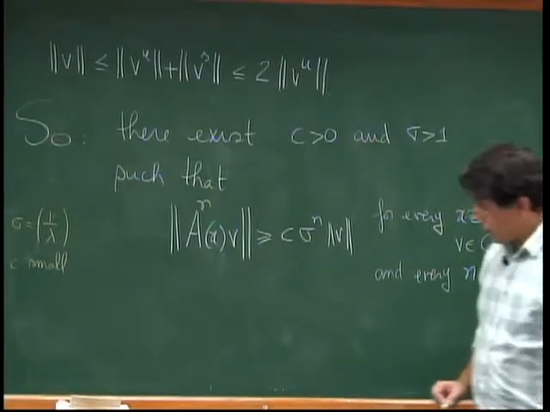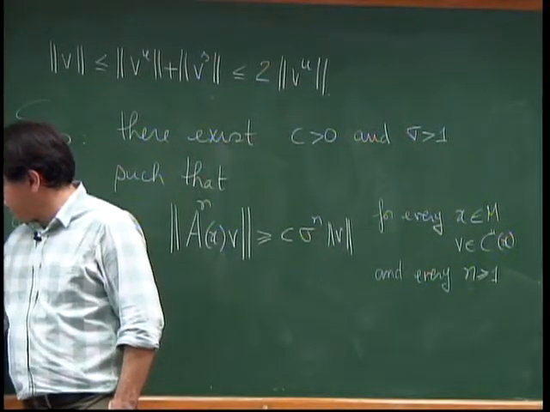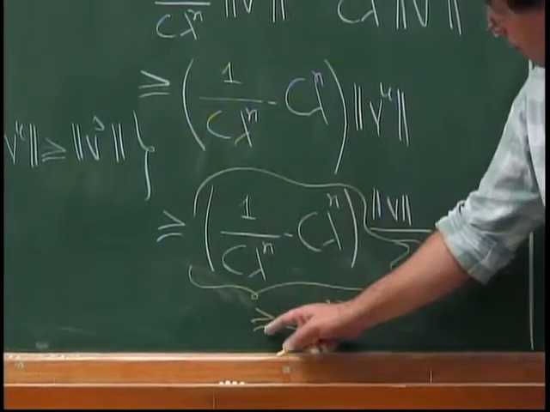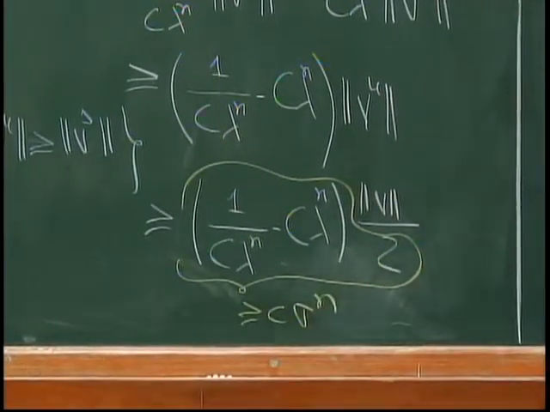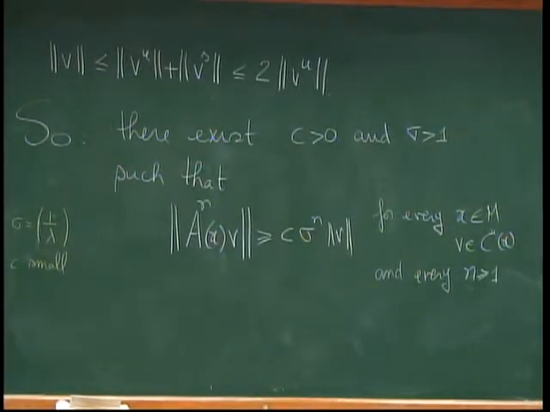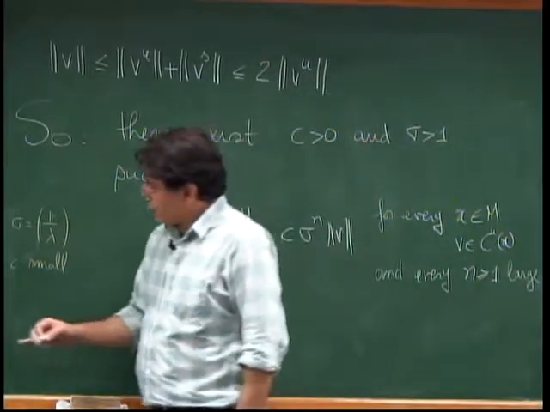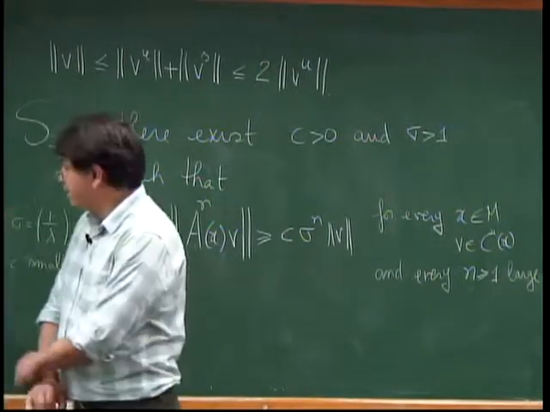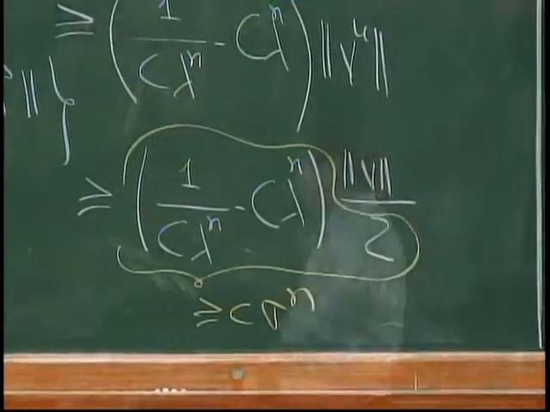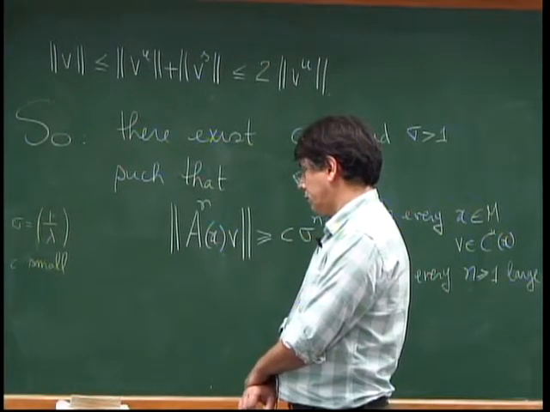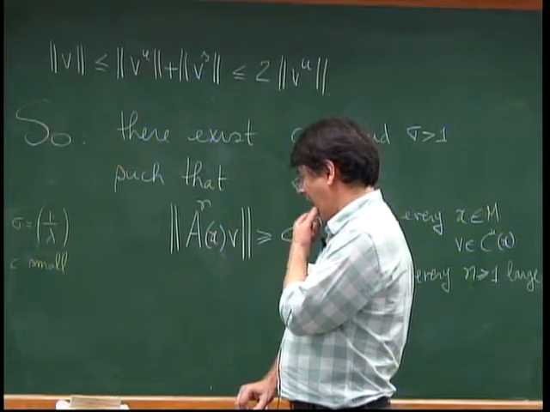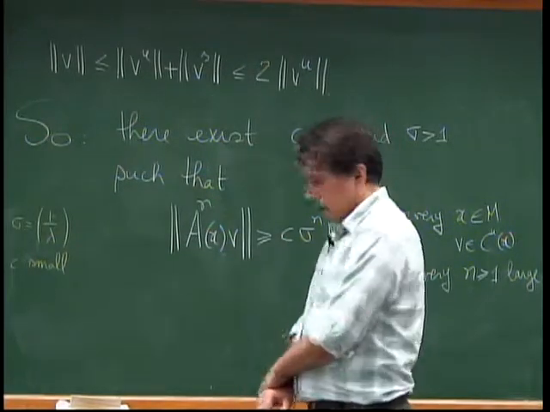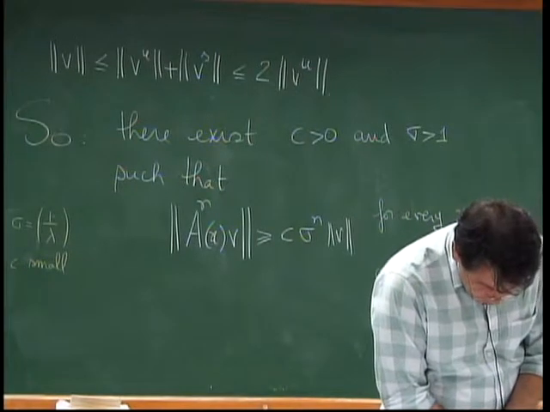It's just choosing the constants sigma and c in such a way that this expression here is bigger than c sigma^n. Well, maybe you cannot do it for every n, but for every n large. As n becomes large, this term here becomes irrelevant because it goes to 0. This is the important one. This is a little annoying to say.